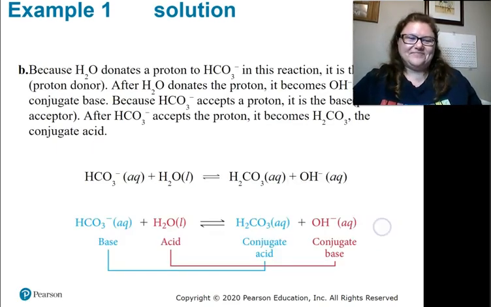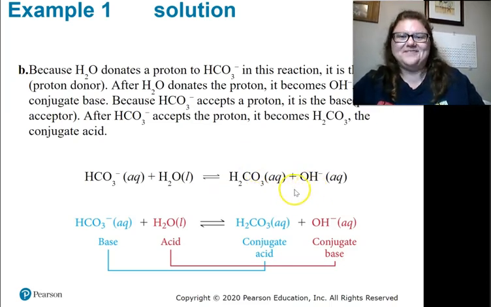How about B? We have carbonic acid here, and so we have it acting as a base on this side. It's going to accept a proton from our water that's behaving as an acid in this reaction, and it becomes carbonic acid here. So that's its conjugate acid. And then the water that remains is the conjugate base. You should be able to look at these two on the product side and see that one of those hydrogens can be given back to form water.